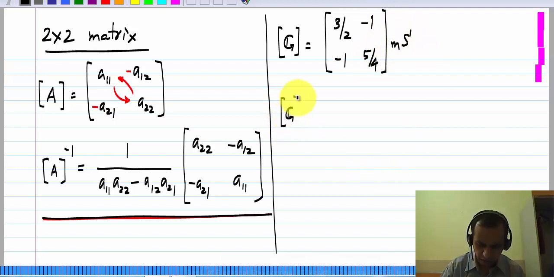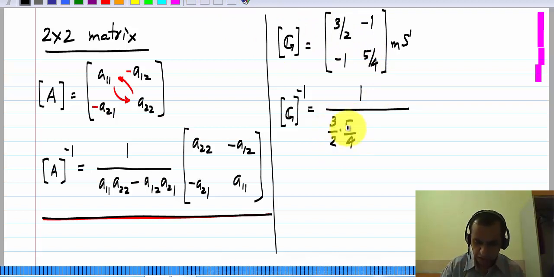So the inverse of this is 1 by the product of these two, which is 3 by 2 times 5 by 4, and each of them is millisiemens. So the unit of this is millisiemens square, minus the product of these two, which is just 1.